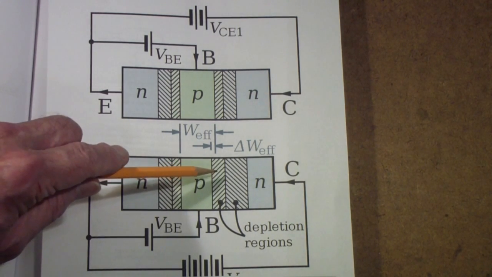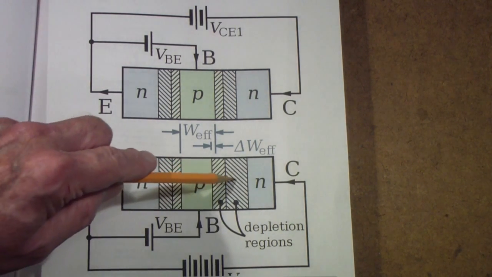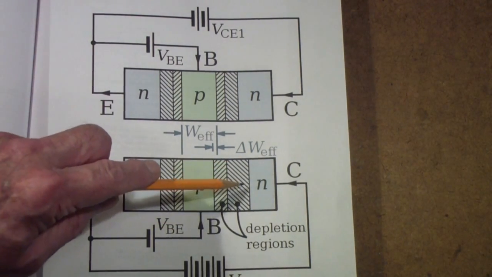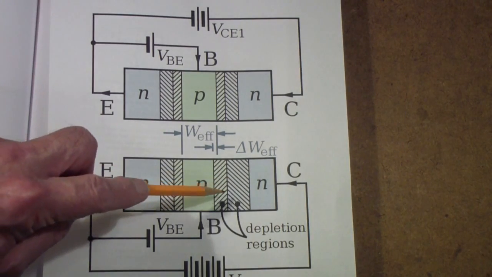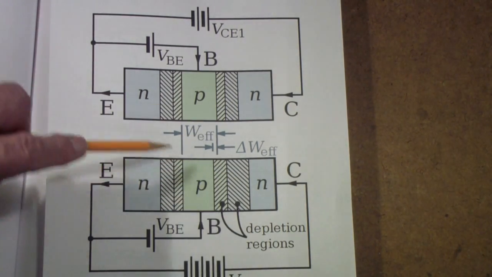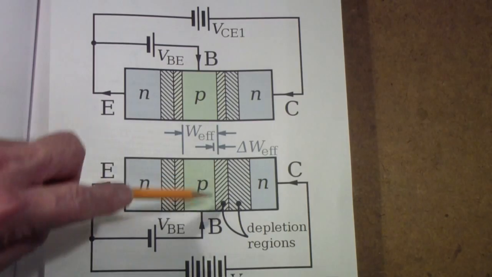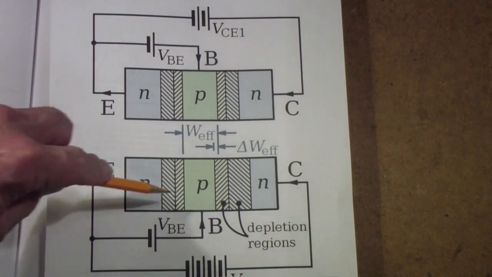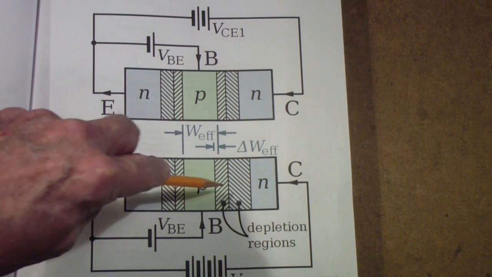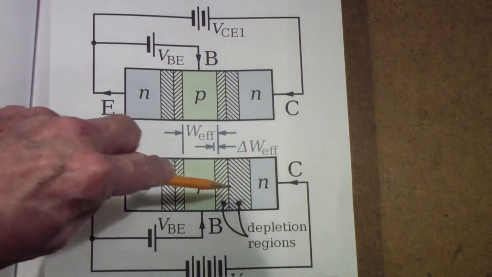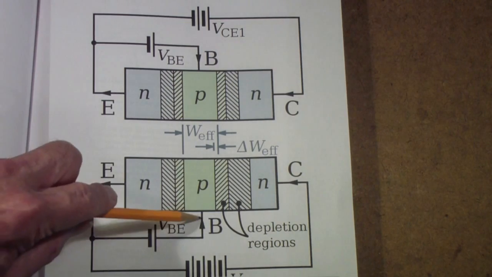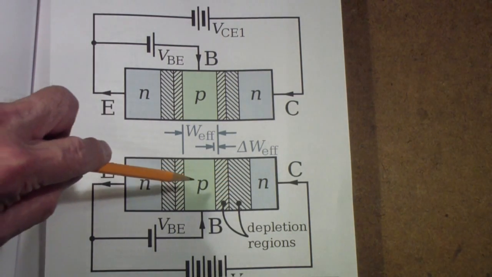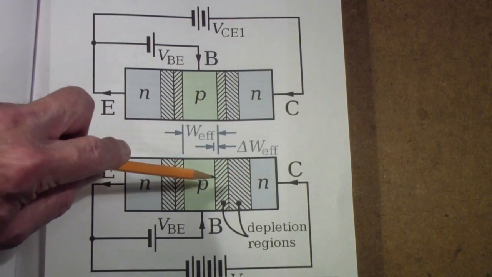What happens is these depletion regions, that is the regions between the base and collector, get thicker, wider if you will. Notice this is wider than that and this is wider than that. That increases the effective size of the base, and as a result the base to emitter voltage changes because of this, what I will call thicker base.